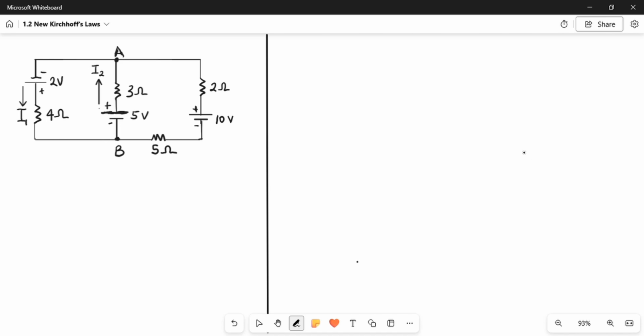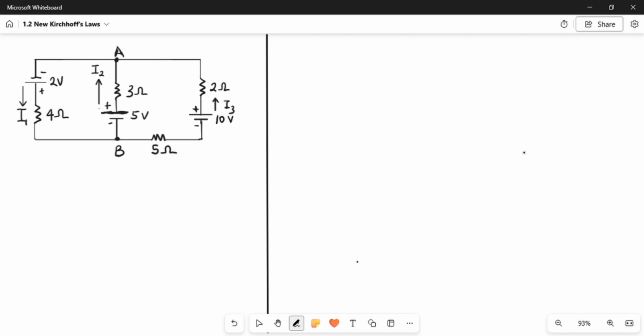This is the third branch here. For this battery, we have the positive terminal on top and the negative terminal below. So ideally, current will move upwards. And so in this direction, let's call this I3.